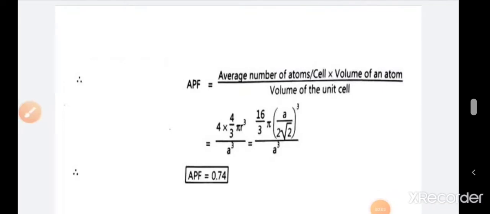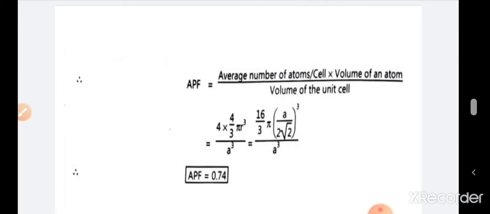You have to remember the number of atoms in the unit cell for the different crystal structures and their atomic packing factor. We will revise one more time. For the simple cubic structure, the number of atoms in the unit cell is 1, whereas the atomic packing factor is 0.52. In case of the body centered cubic structure, the number of atoms in the unit cell is 2 and the atomic packing factor is 0.68.